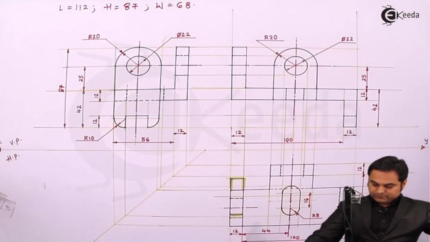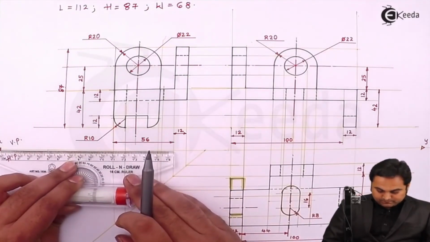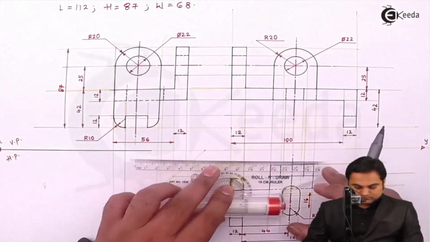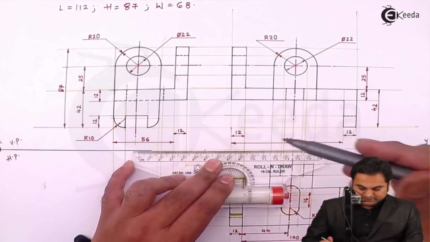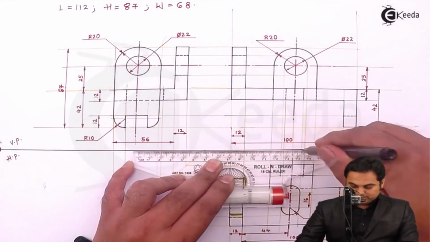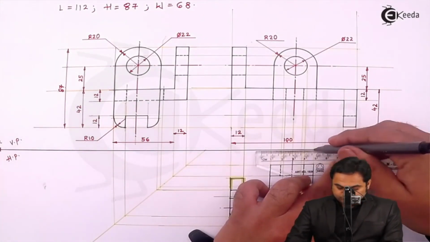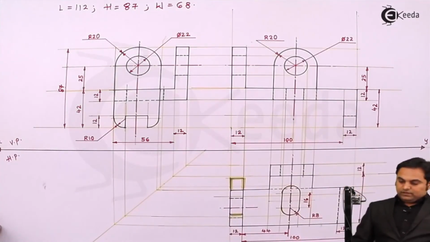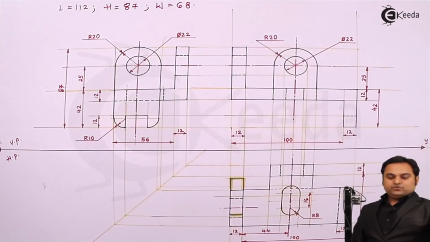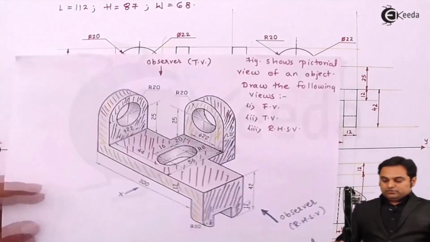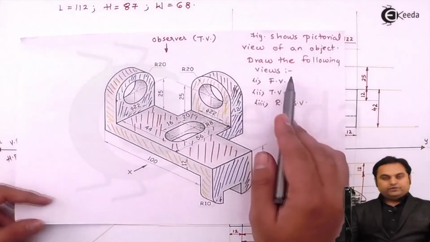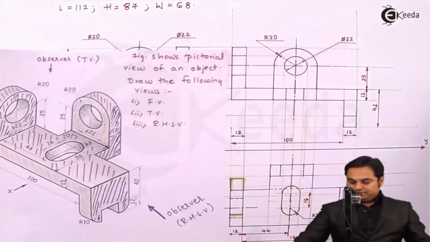Next, after that, drawing the XY line, dark. And here, as we see in this question, the question was to draw the following views: front view, top view, and right hand side view.